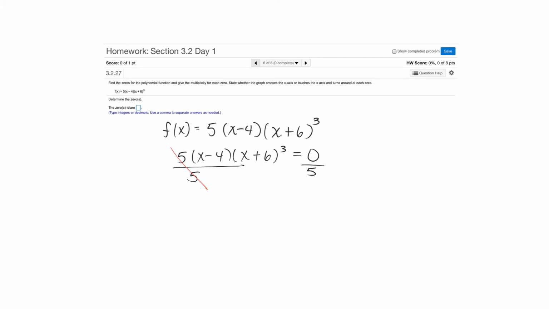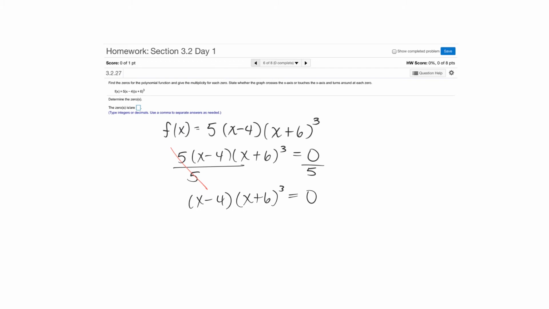And I end up with x minus 4 times x plus 6 cubed equals 0. So whatever numerical coefficient they have out front, you can just go ahead and ignore that when you are thinking about the x-intercepts, and only then, right?